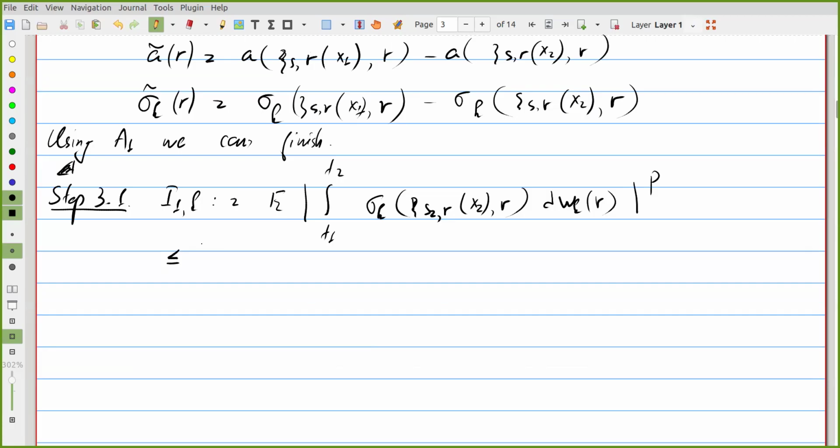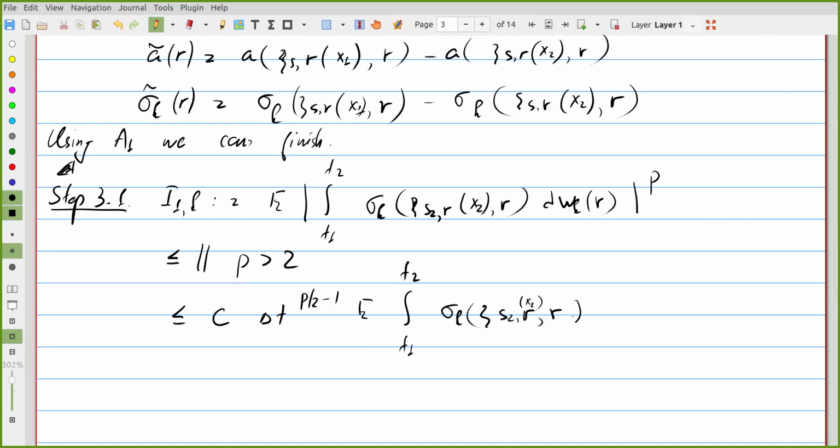Now p is greater than 2, so we have the estimate for the p-th power of a stochastic integral, or you can just use the Burkholder-Davis-Gundy inequality if you want more involved machinery, but this is going to be estimated in this form: T2 minus T1 to the power p over 2 minus 1, the mathematical expectation of the integral from T1 to T2 of sigma k, psi S2 R, X2 R squared dr, to the power 2p.